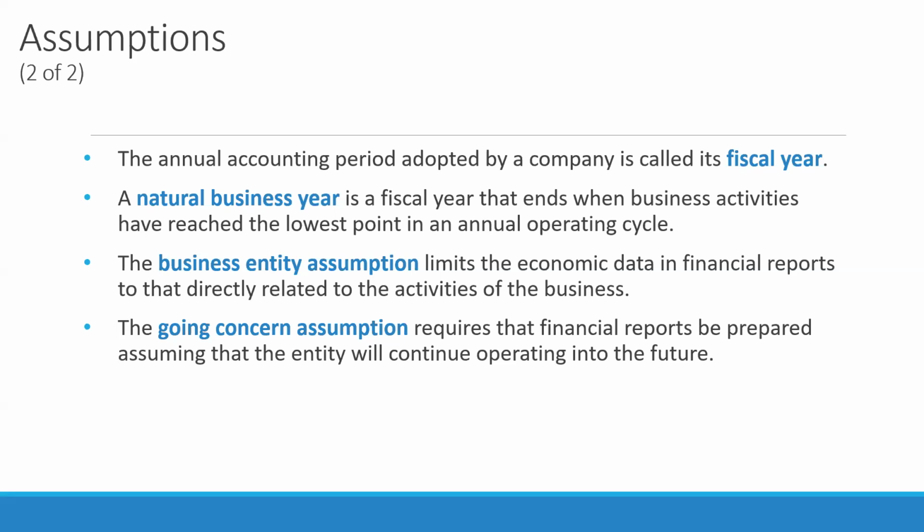The state of Minnesota has it in the summer. I think it has to do with the legislative session. Businesses will pick their fiscal year based on what makes sense for making accounting easiest and least costly for the business, and also making sure that the information is relevant to the users that are actually going to be using it.